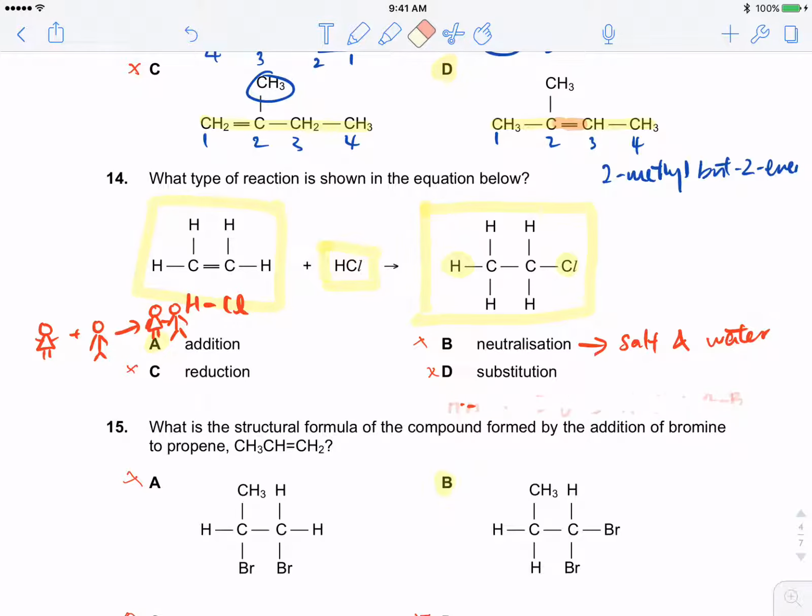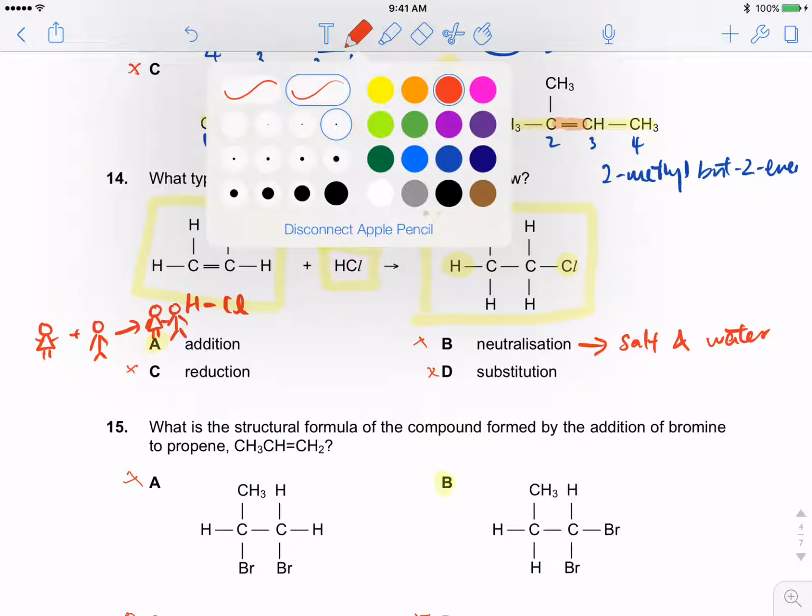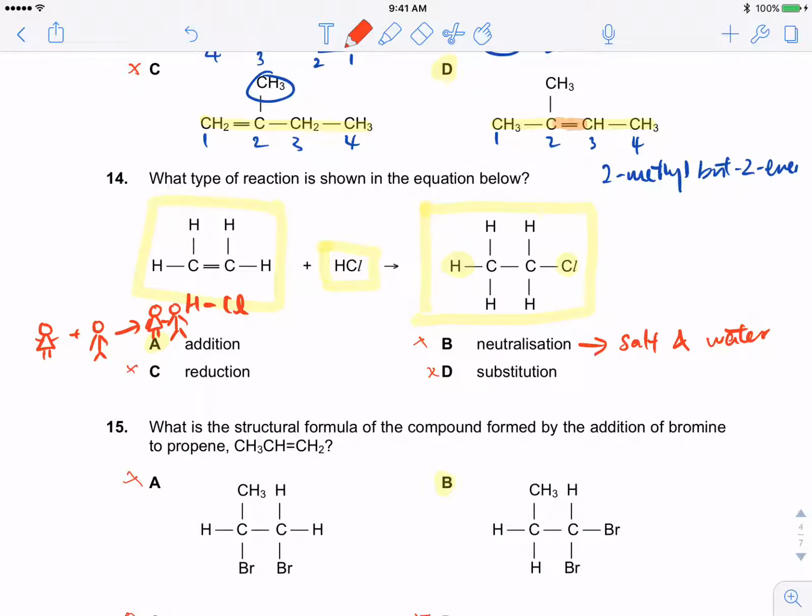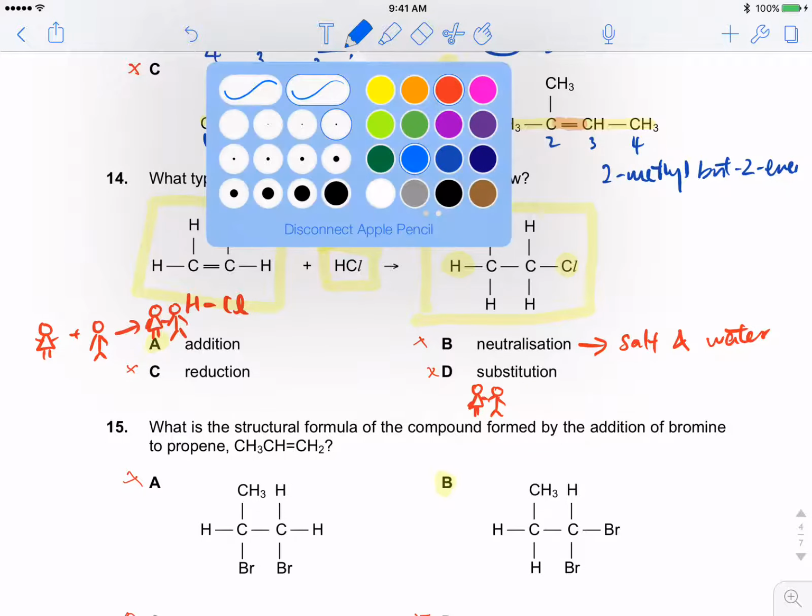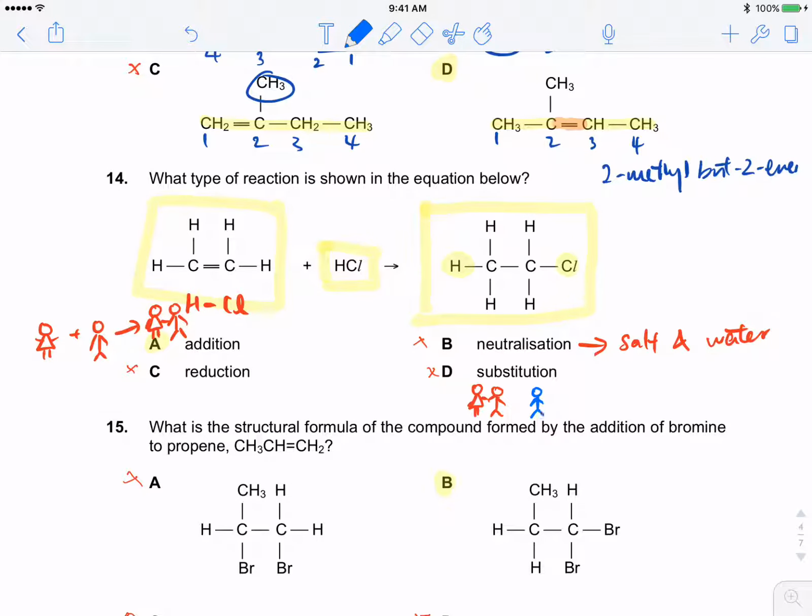Okay, substitution is when one girl who already has a boyfriend meets another man, it becomes like this.